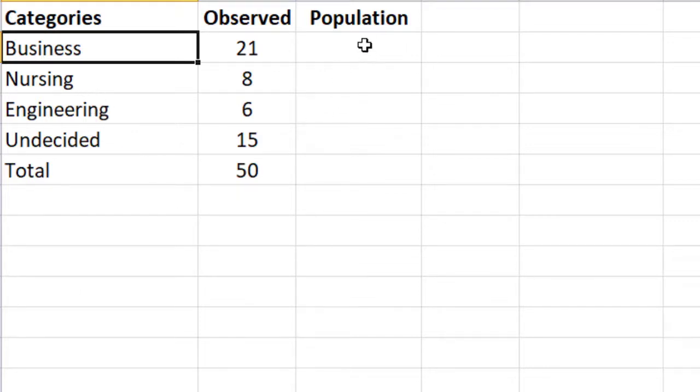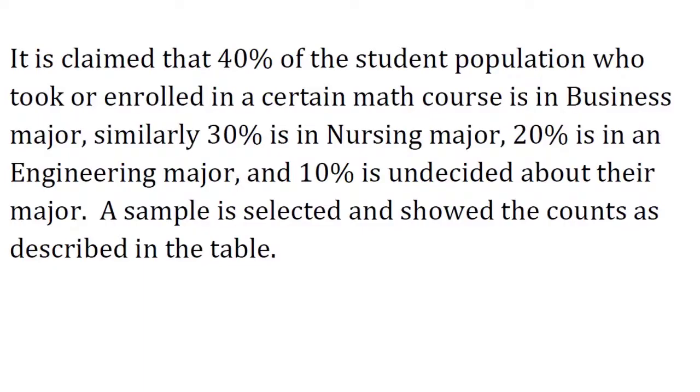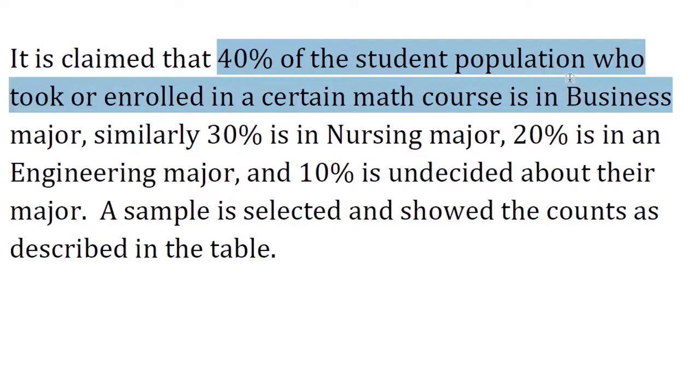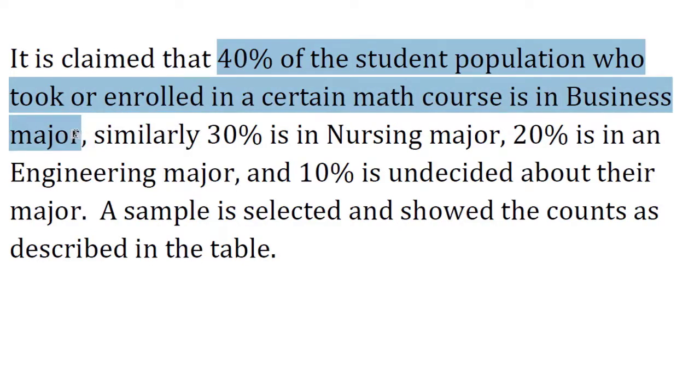And so for business major, in the entire population of students who take that math course, according to the description, 40% of the student population is in business major for that math course, of course.